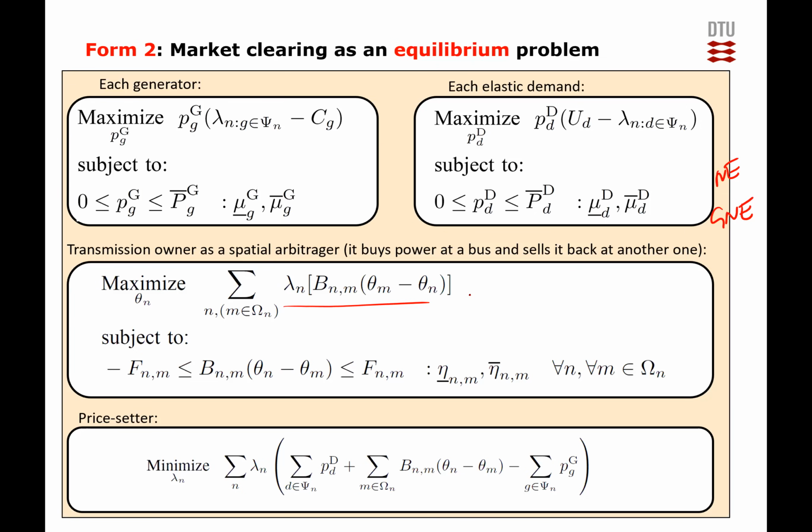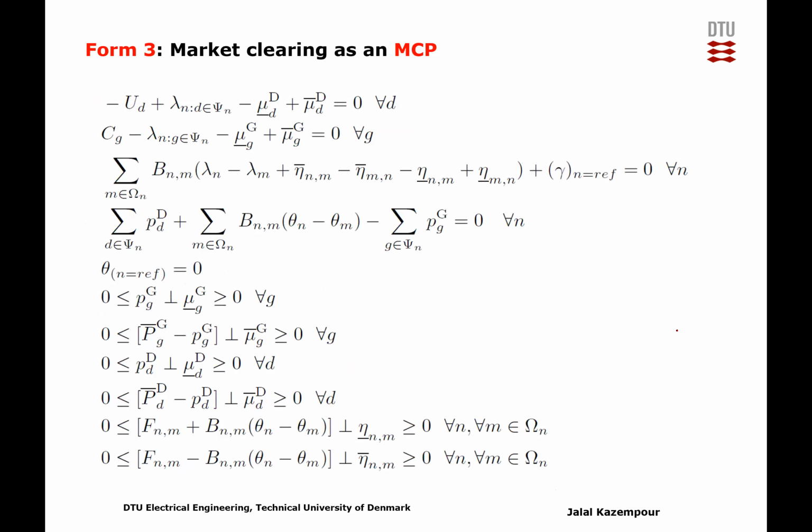And actually it's the next slide. This is the third form of market clearing. It's an MCP problem. If you derive KKTs of the optimization problem or equilibrium problem, you will end up with this MCP. You can check later whether these KKT conditions are correct or not.